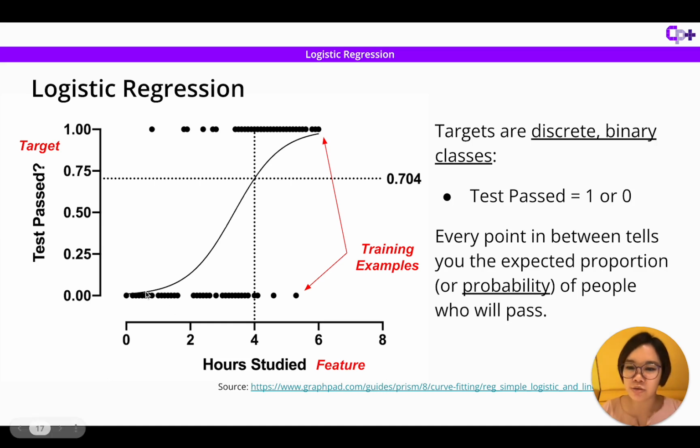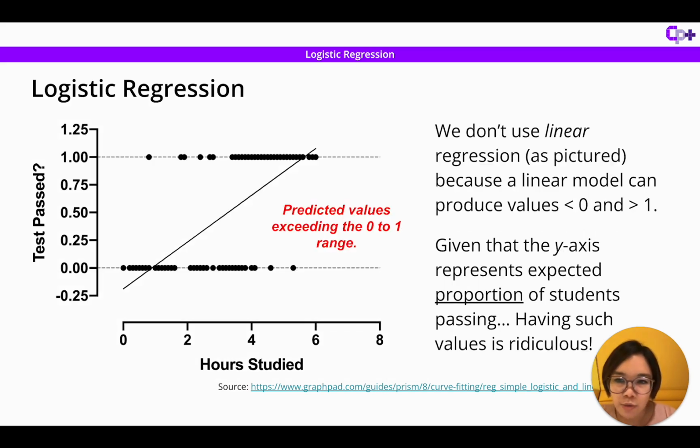Likewise, there are more who didn't study much and failed compared to those who didn't study and passed. That's why we use the sigmoid, where the minimum is 0 and the maximum is 1, as opposed to linear regression, where you have values exceeding 0 and exceeding 1. That's kind of silly because we are talking about probability, or the proportion of students who passed.